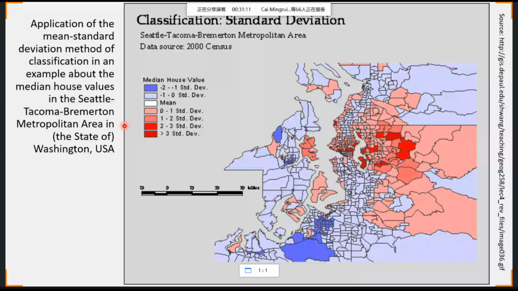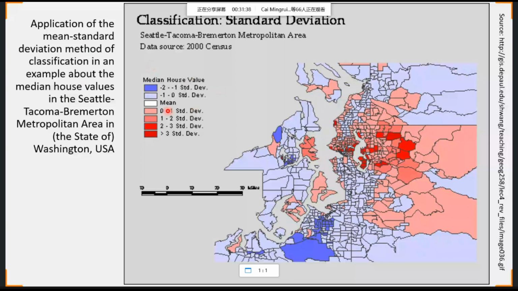So this is in the state of Washington. Here you have Canada, the Vancouver area up there, and here is the US. So we're in the northwest of the United States, Seattle, and you have this legend about the median house values.